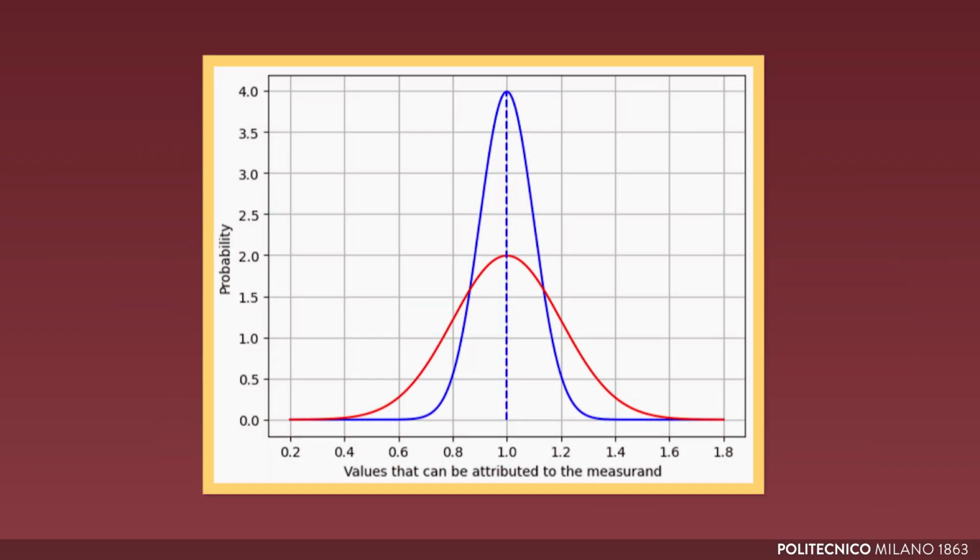The greater the standard deviation, the wider the dispersion of the values that could be attributed to the measurand, as can be seen in this figure, where the red probability density function has a standard deviation twice that of the blue one. The standard deviation of a distribution can therefore be used to quantify the uncertainty of a measurement result.